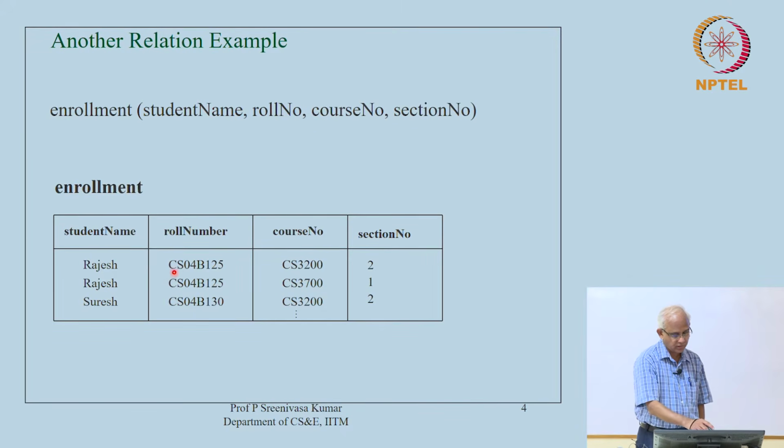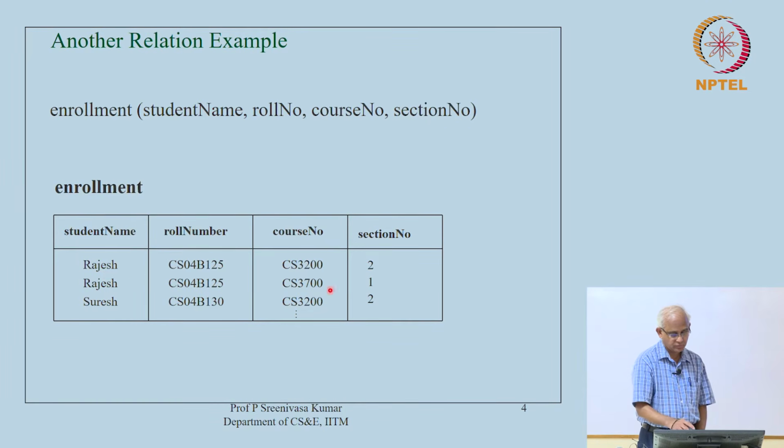Notice the way information gets replicated, because in order to record the fact that Rajesh has enrolled for this particular course, you must record it like this, CS3200, since the schema is like that.